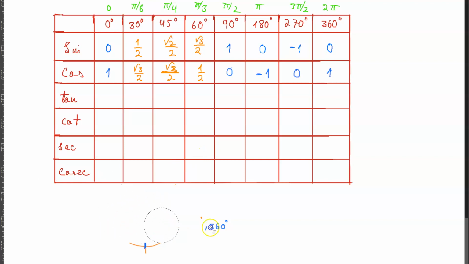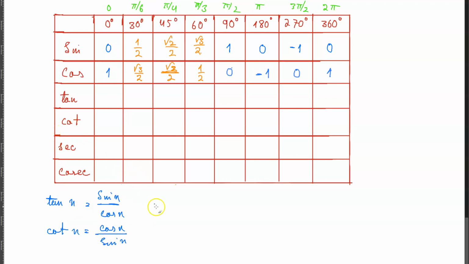Now from here onwards, it's easy, because you know that tan is the same thing as sine divided by cos. Tan x is equal to sine x divided by cos x. Cot x is the same thing as cos x divided by sine x.